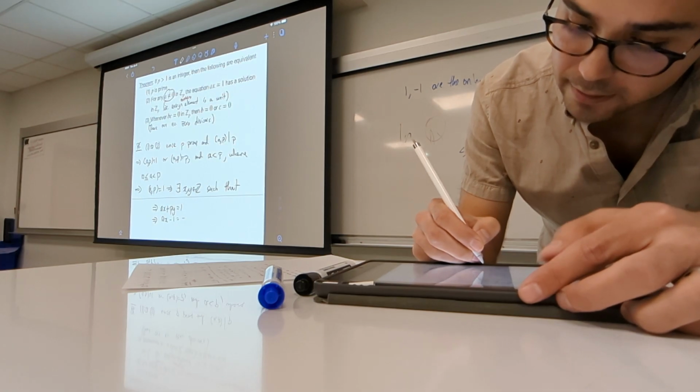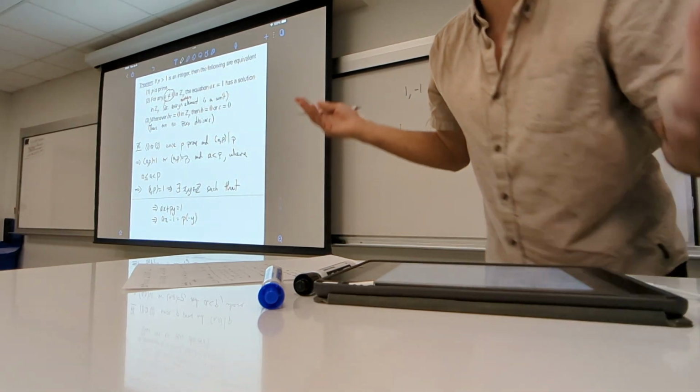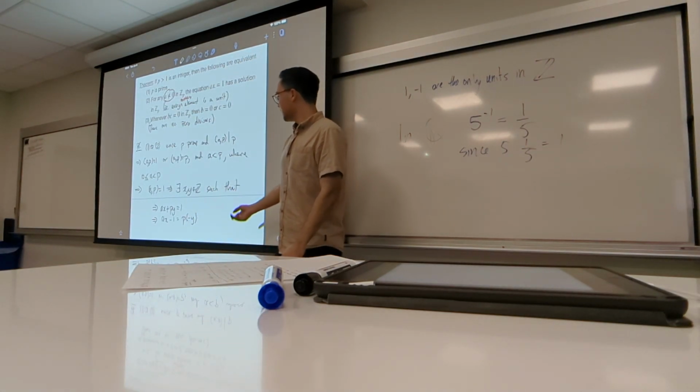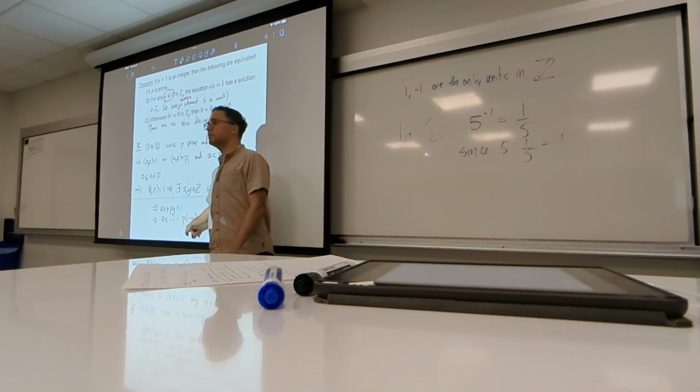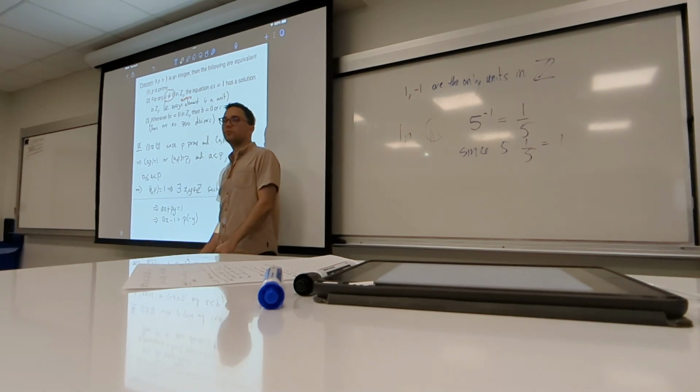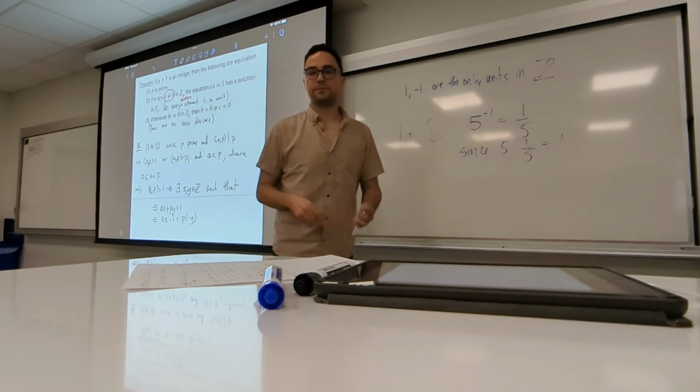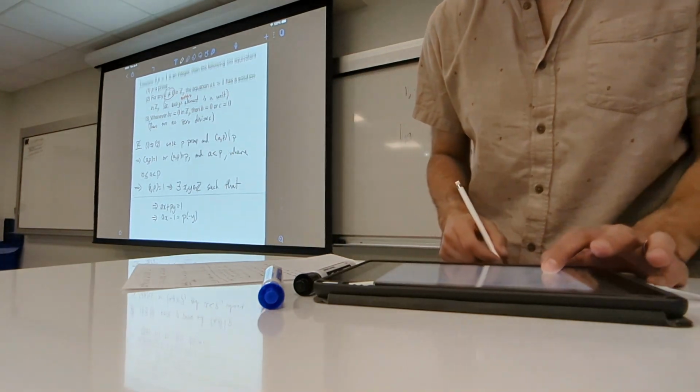I'm going to write it this way: negative py I can just express as p times negative y. I just wrote ax minus 1 as an integer multiple of p. That means these two things are congruent modulo p. So in Z mod p, those are equal to each other.